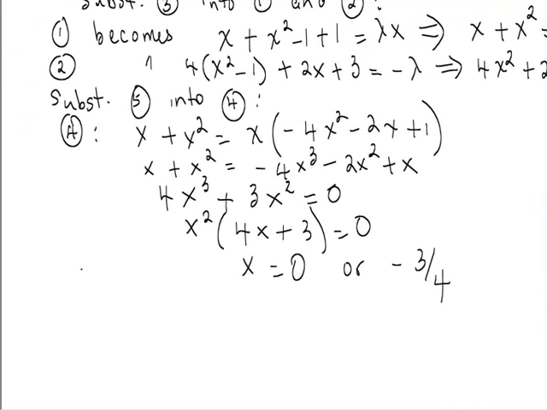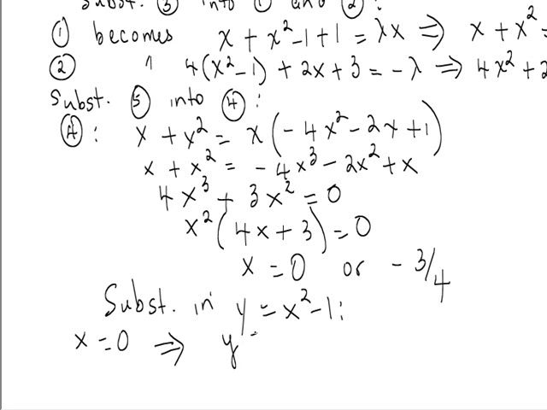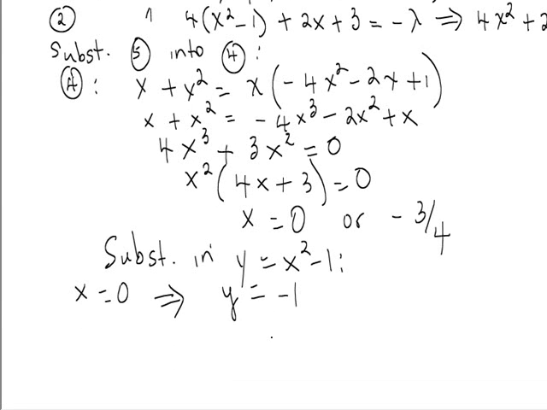So substitute in y equals x squared minus 1. X equals 0 gives us y equals minus 1. X equals minus 3/4 gives us y equals minus 7 on 16.